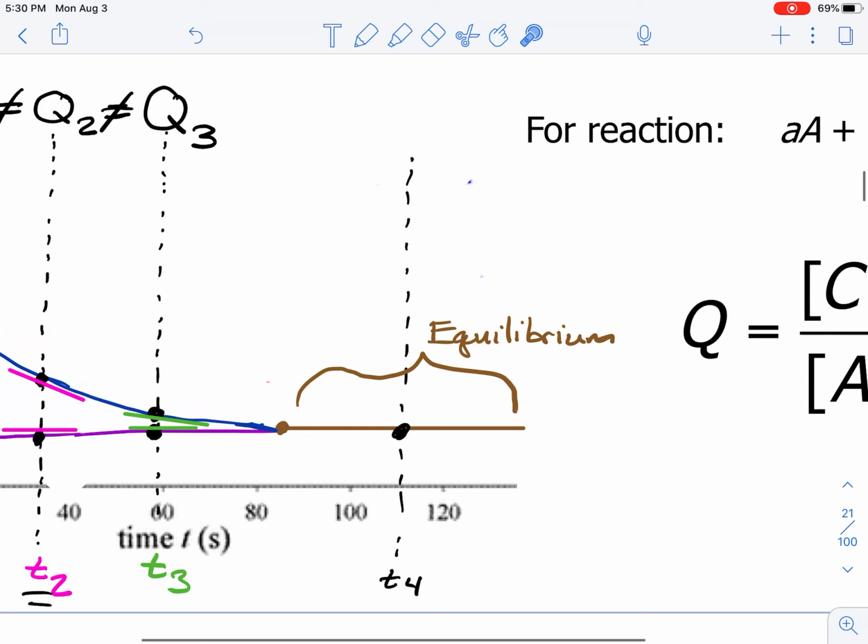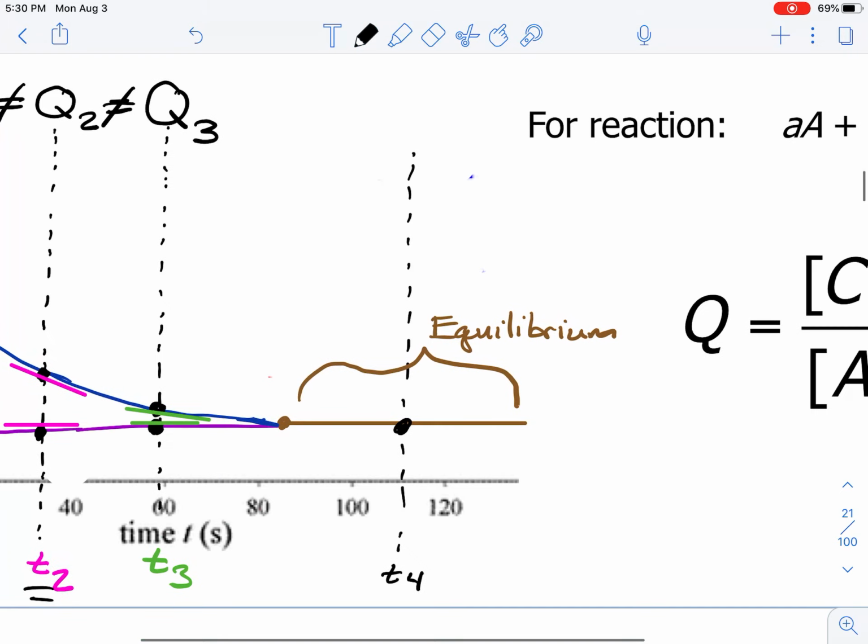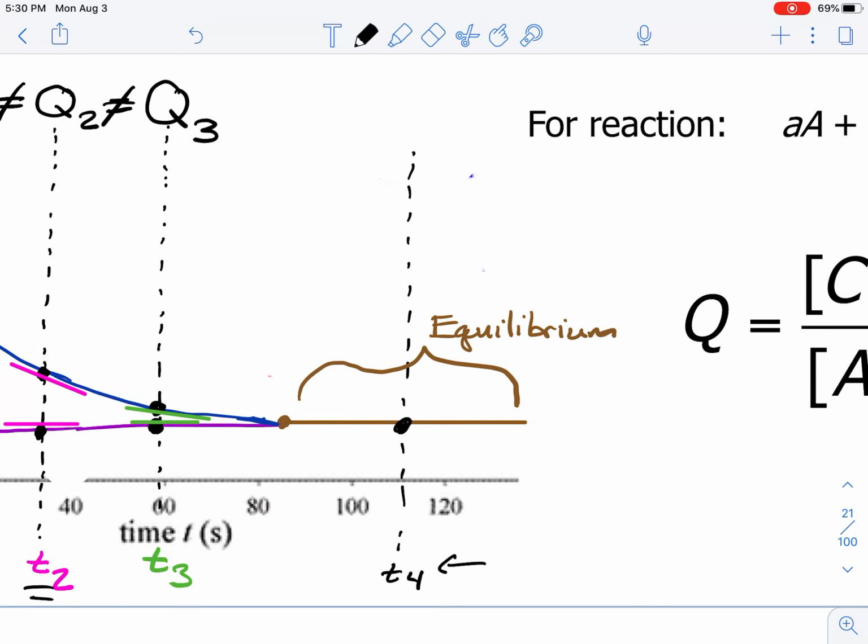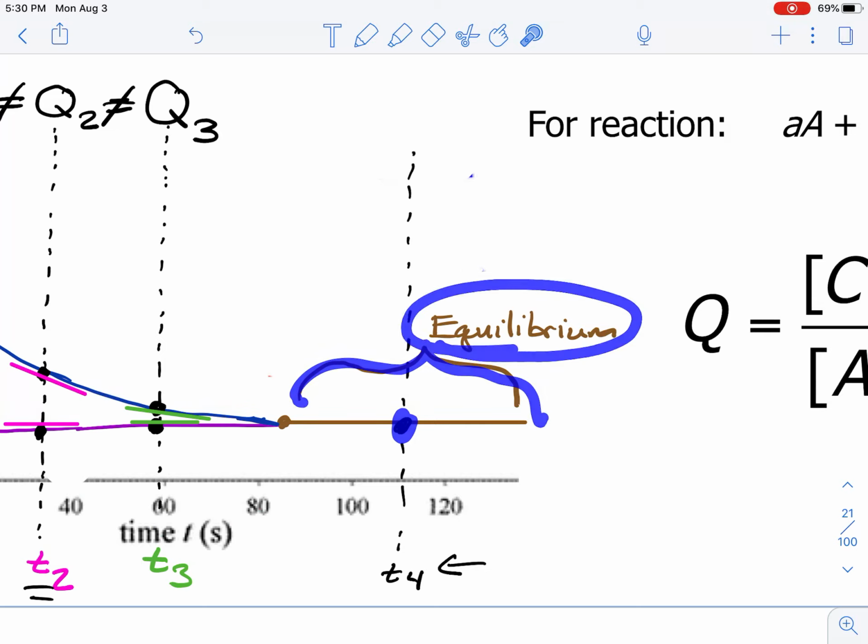And so that can be represented by T4. So time 4, if you look at its position on the graph, this dot on the line is in the region of which the chemical system is at a state of equilibrium.